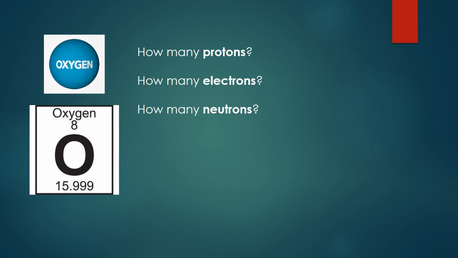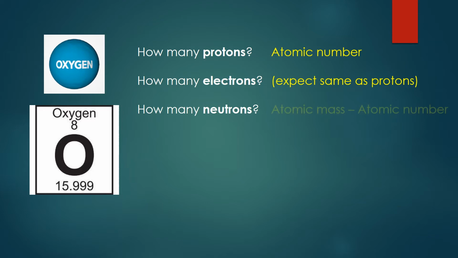If oxygen's atomic number is 8, it must have 8 protons. Usually in nature, the number of protons equals the number of electrons. So the expected number of electrons of any oxygen atom is also 8.